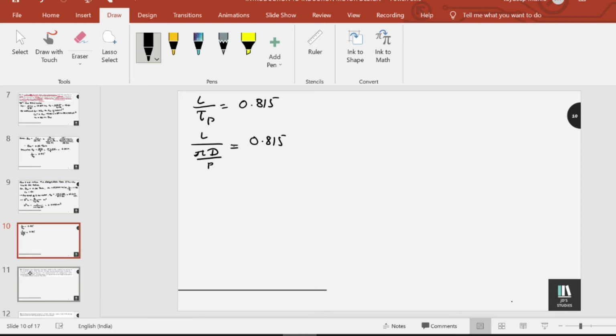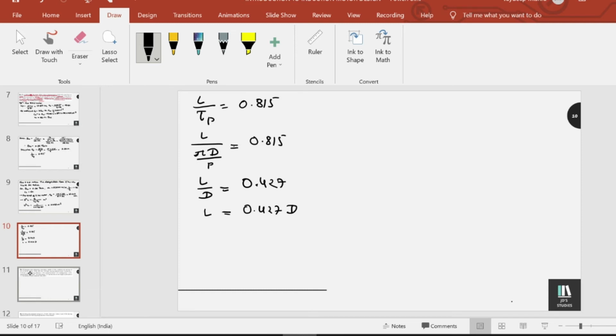Put the value of pi and p here. So we will get the L by D ratio, which is 0.427. So we will get L is equal to 0.427 D.